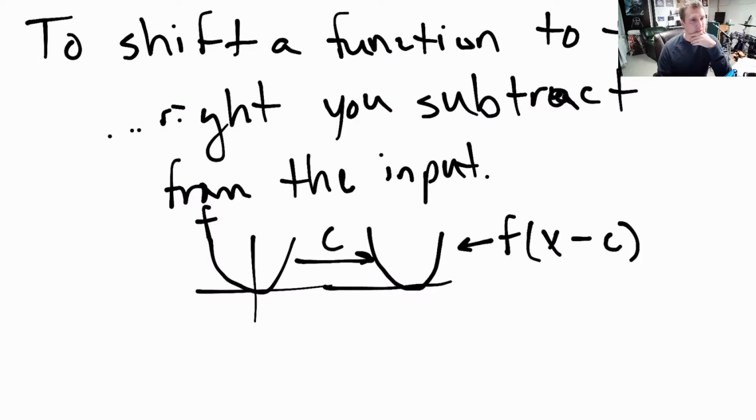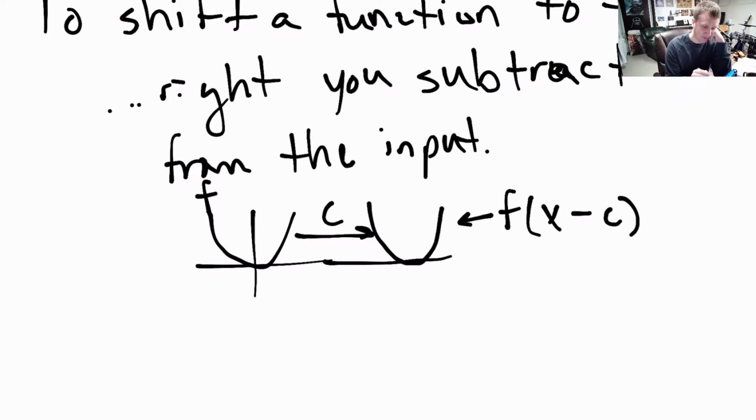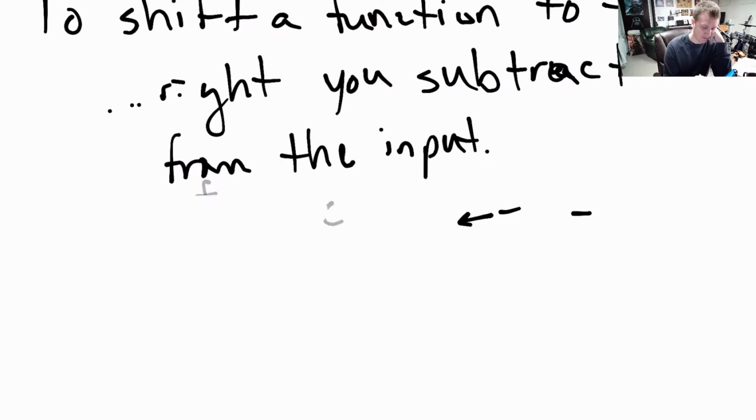But the way I always try to explain it is that when you're subtracting from the inputs, it's like you're shifting the whole x-axis. And a way to move a graph to the right is like moving the axis to the left. Does that make sense? If you want to move a graph to the right, here's some graph.